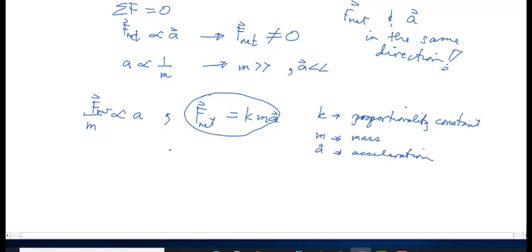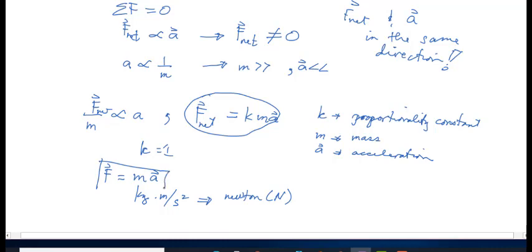This means that we can define a unit of force when K is equal to 1. So with the constant equal to 1, our F becomes equal to MA. The unit is kilogram meter per second squared, and this is the Newton, or simply N. So this is now our equation for the second law of Newton, or F net is equal to ma.